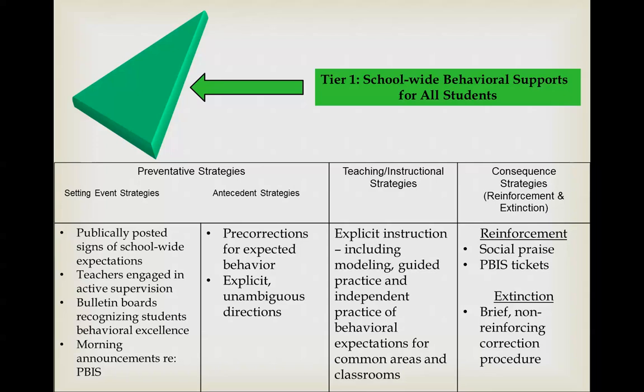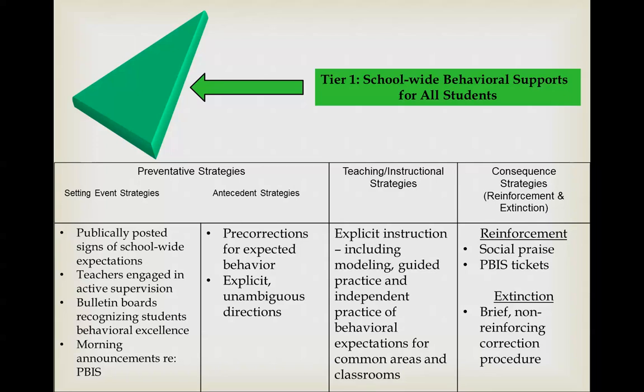The hallmark of Tier 1 is we have all those workshops throughout the school in which we create behavioral matrices for each of the settings that we're going to talk about. And we take our school-wide behavior expectations and we make them more objectively observable and measurable through the articulation of our behavioral matrix for that specific setting.